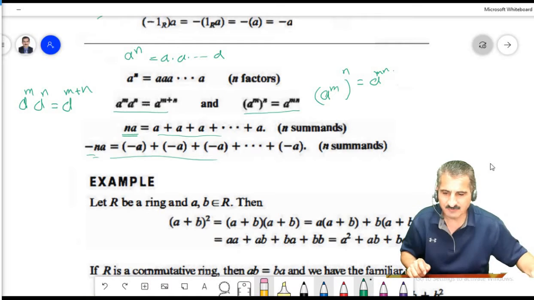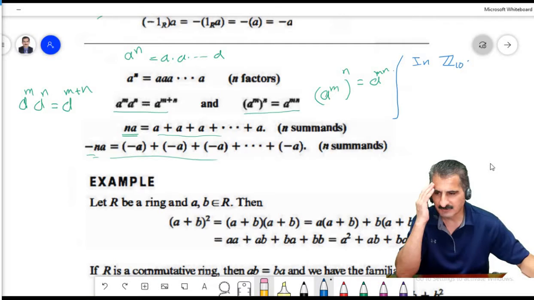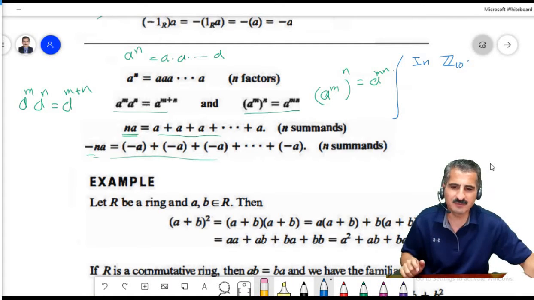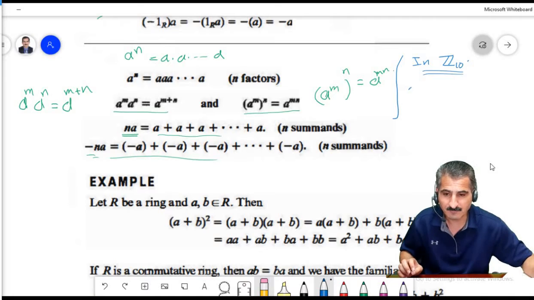but I want to emphasize something. Let's work in this example. Let's work inside Z10. Okay. So we are working inside Z10. So the elements here are 0, 1, 2 all the way to 9, right? What if I say 23 times 5?